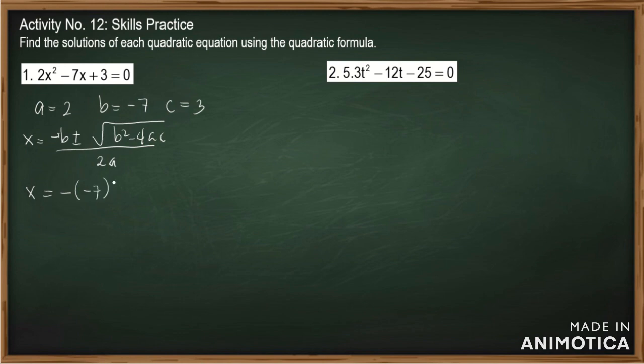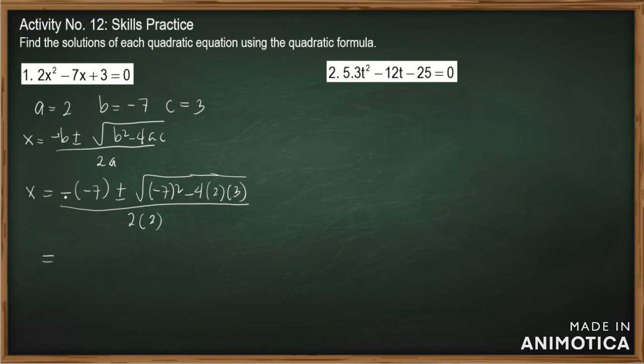Again, when you substitute, enclose the value in a parenthesis. Then we have plus minus the square root of b, which is negative 7 squared, minus 4. Our a is equal to 2 and our c is equal to 3. Okay, divided by 2 times a, which is equal to 2.